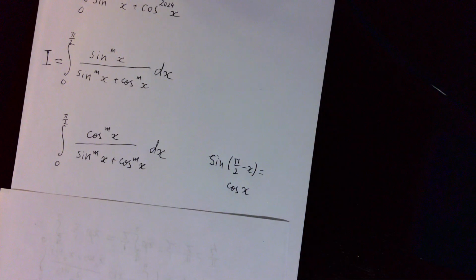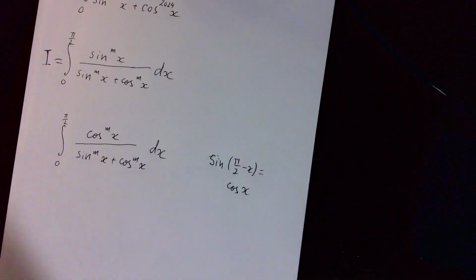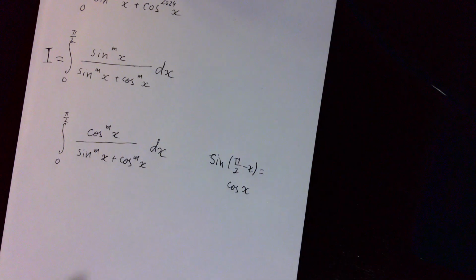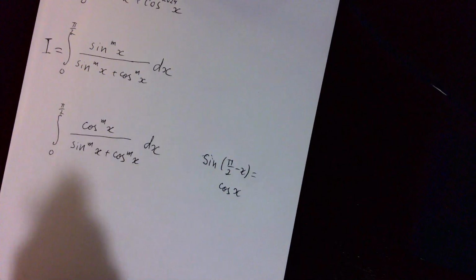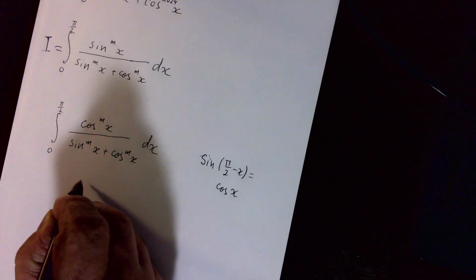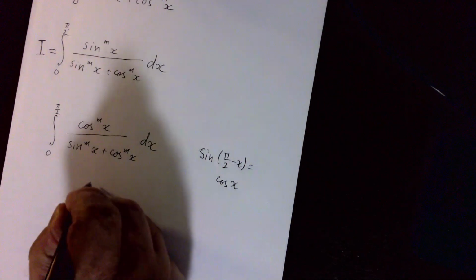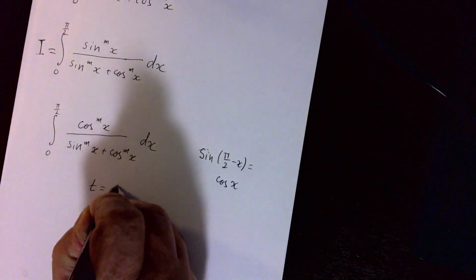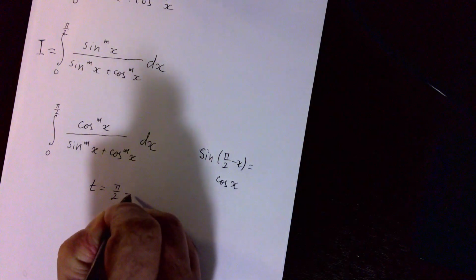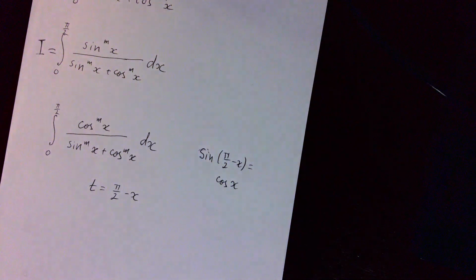So what we do is a substitution of the variable in the integral. We introduce a new variable: let's say t is pi over 2 minus x.